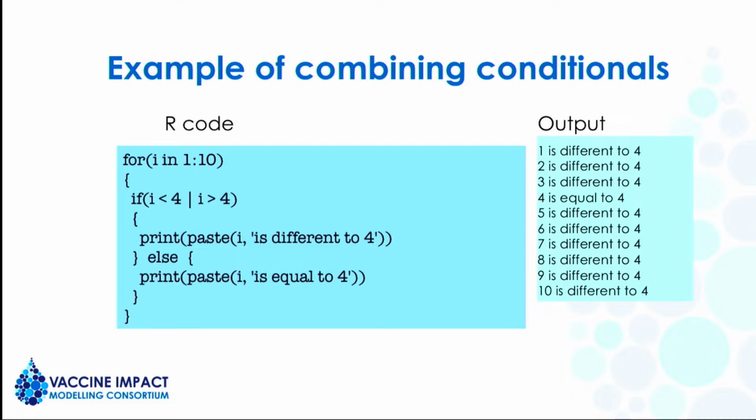You can never have too many brackets, because brackets ensure that R will read this in exactly the way you intend. Yeah? I didn't need to put an extra pair of brackets around this and this, because I knew that the way R reads this, it does this first, it then does this, and then it compares it to this.